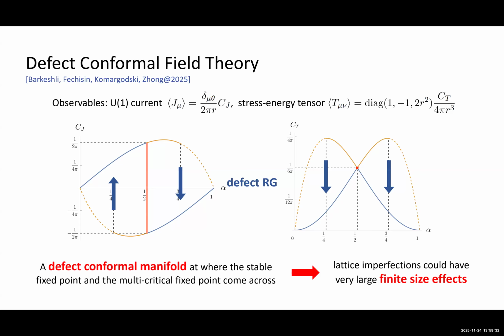But they are all suppressed by the UV scale, which is usually a very large quantity. It only becomes a major concern when they have a dimension that is close to marginality, and then the coefficients are no longer suppressed by the UV scale, and there are some order 1 concerns that you should worry about. Does that answer your question?